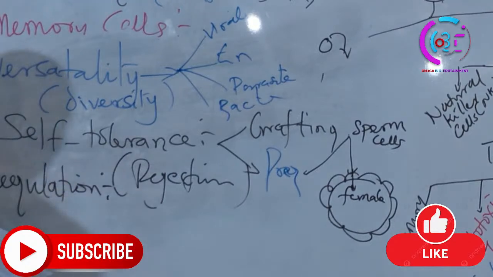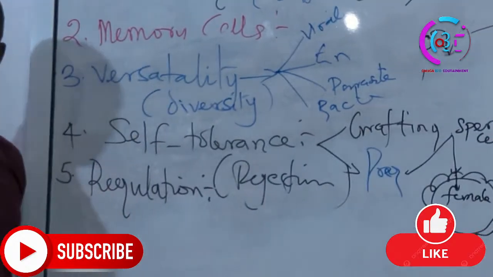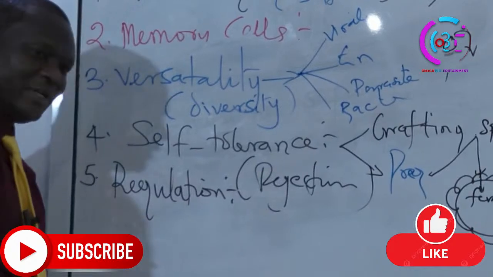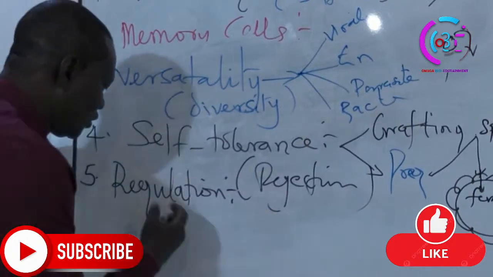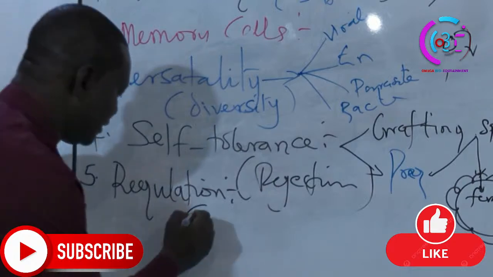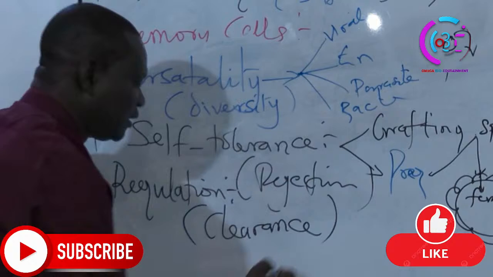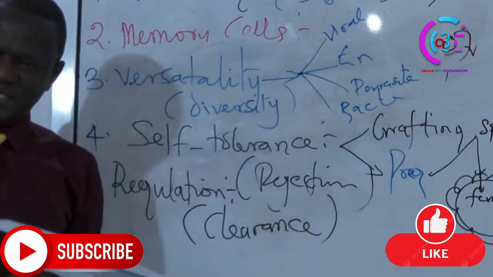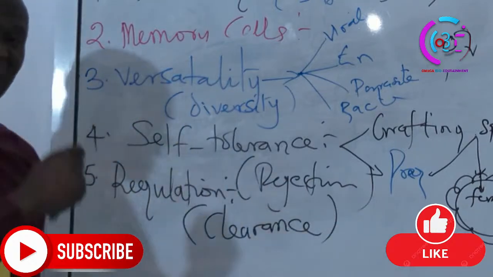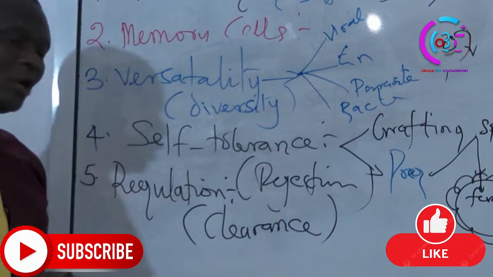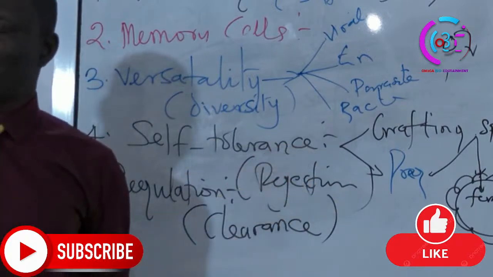After they must have dealt with the insult from the foreign particle, that is the antigen, they do what is called immunological clearance. There are special cells that perform the role of surveillance.